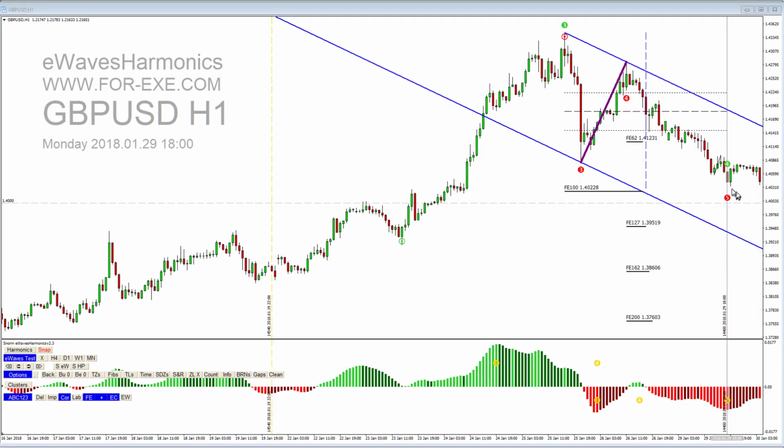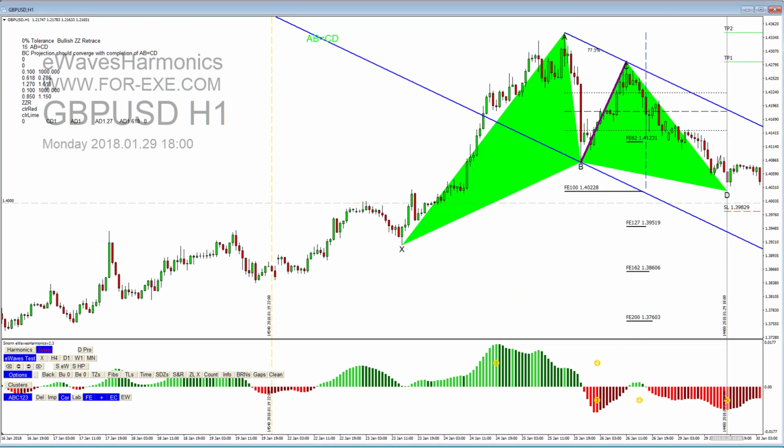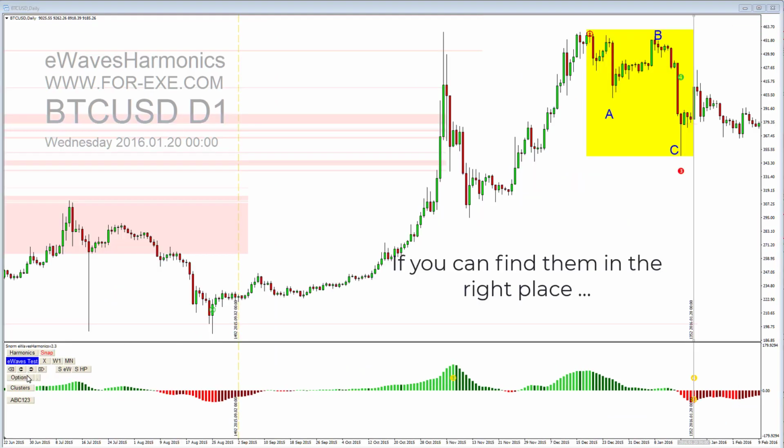And if you're a harmonic trader, you will probably know the ABC is an ABCD pattern. So here we have an AB equals CD, or a Gartley, as that is also known.